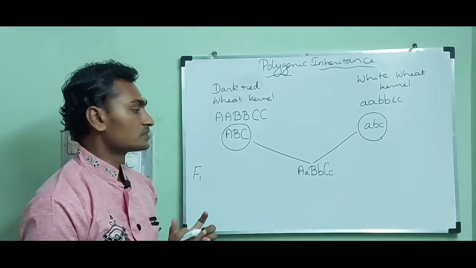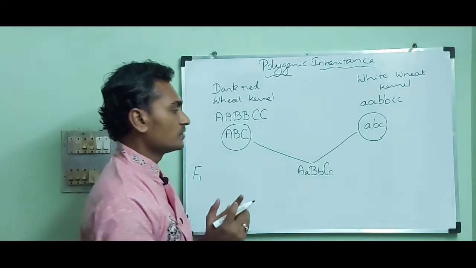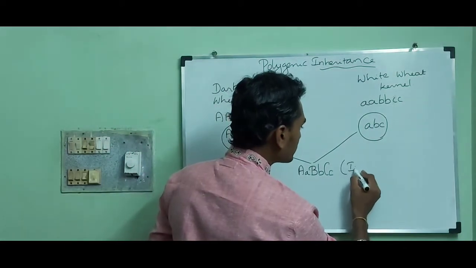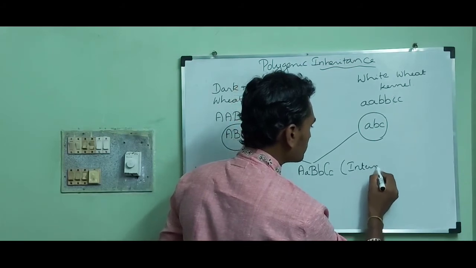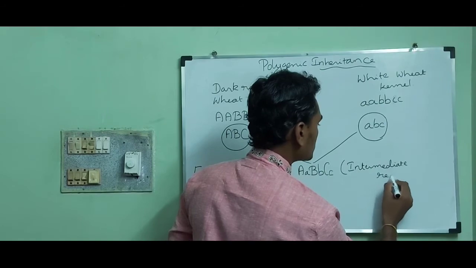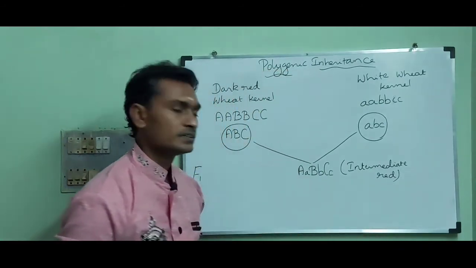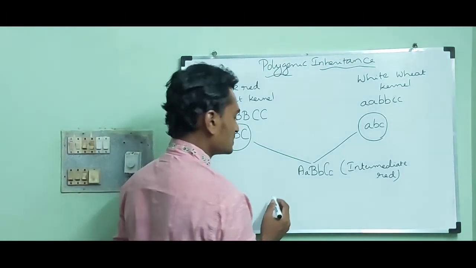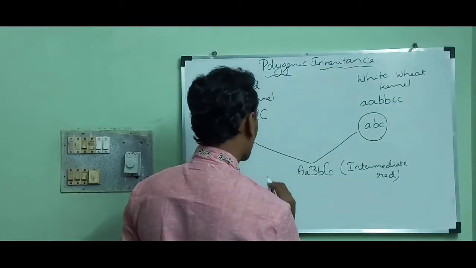So the phenotype is going to be intermediate red, because it contains three dominant alleles.